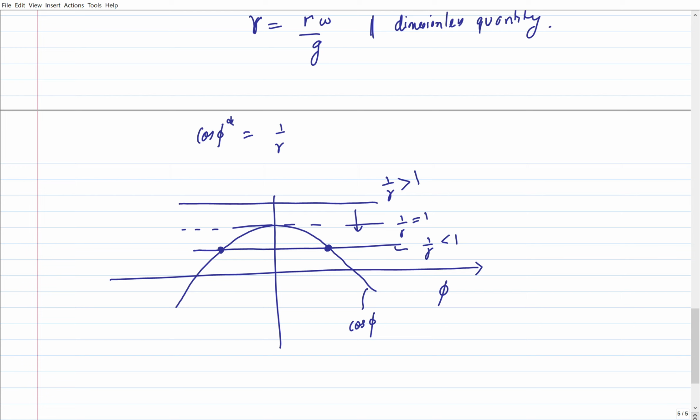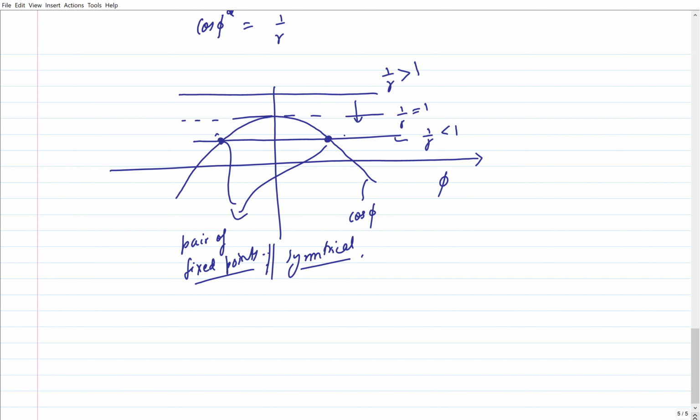So this is terrific. I get a pair of fixed points, and of course they are symmetrical. They will be on either side. And what's going on?